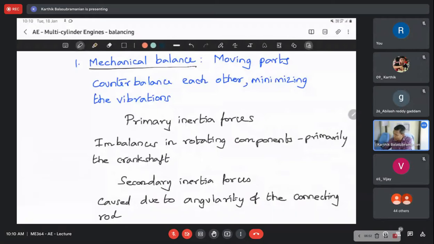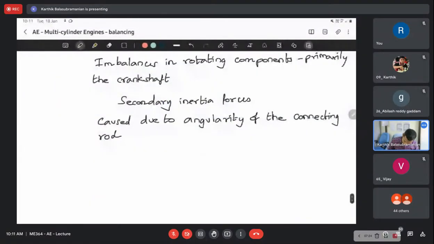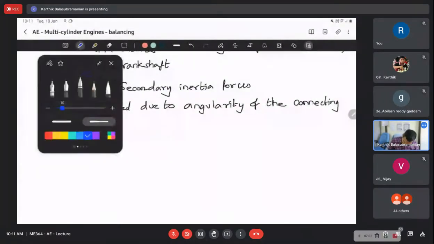There's also something called static and dynamic balance, right? What is the static balance and dynamic balance? So now let me draw. Let's see.